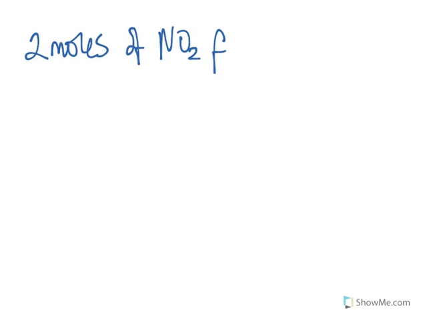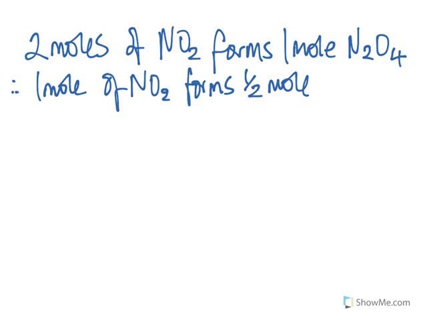So looking at our moles relationship from the equation, we can see that 2 moles of NO2 forms 1 mole of N2O4 when it reacts, which of course then means that 1 mole of NO2 will form half a mole of N2O4.